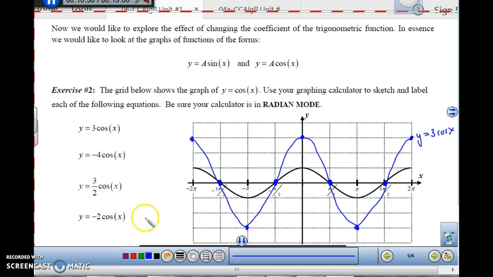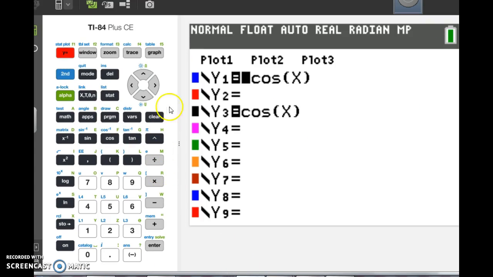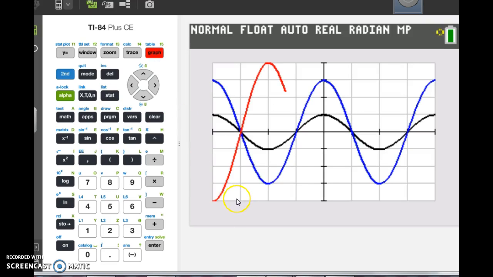All right, y equals -4 cosine x. Now, this is going to make the graph bigger again. What do you think the negative is going to do? Let's see if we remember. Y equals -4 cosine of x. All right, let's graph that on the red one. Okay, so let's see what that did. Instead of 0 or 1 here, this is going to be at 1, 2, 3, 4. So not only did it stretch it, it also flipped it. Remember, when you negate something, it does a reflection over the x-axis.